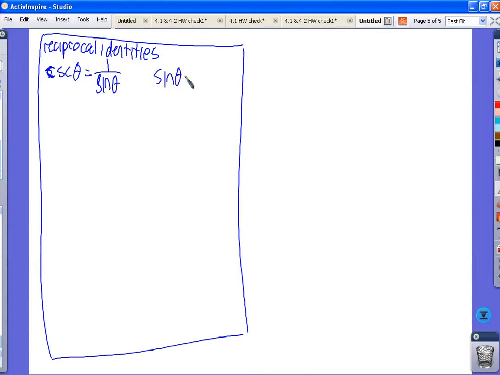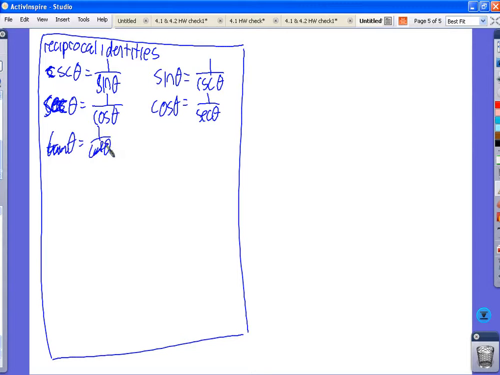Which means that the sine is the reciprocal of cosecant. They have this reciprocal relationship. We have the secant of an angle is equal to the reciprocal of the cosine. And the cosine is equal to the reciprocal of the secant. And the tangent is the reciprocal of the cotangent and vice versa. So we got the tangent of theta is equal to 1 over the cotangent of theta. And the cotangent of theta is equal to 1 over the tangent of theta.